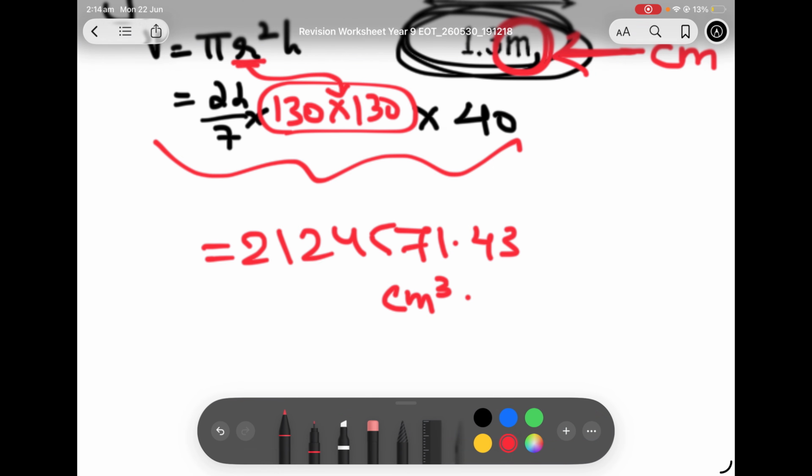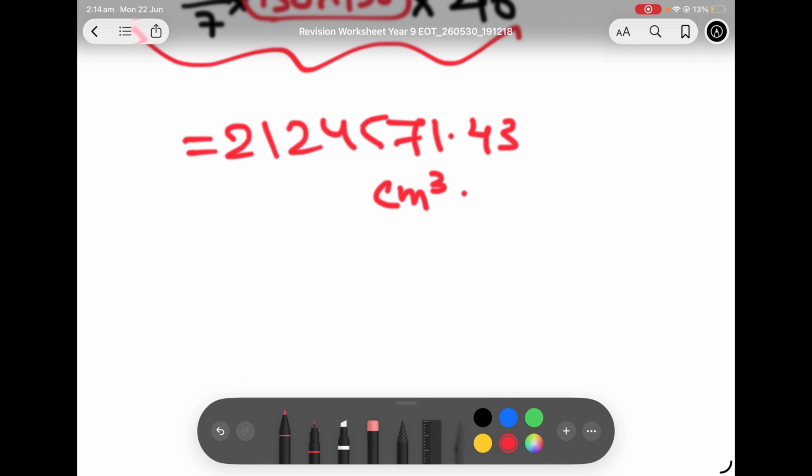Now, 1000 centimeter cube is equal to 1 liter, right? That's how we calculate it and write it down. So meter cube would become how much?